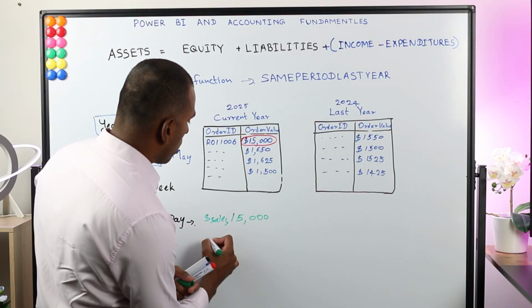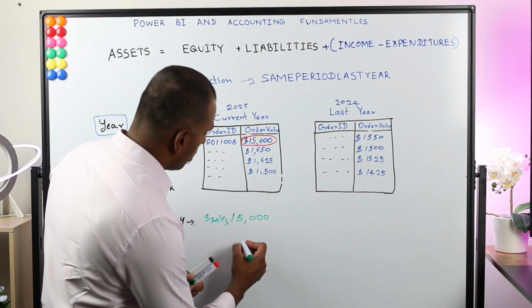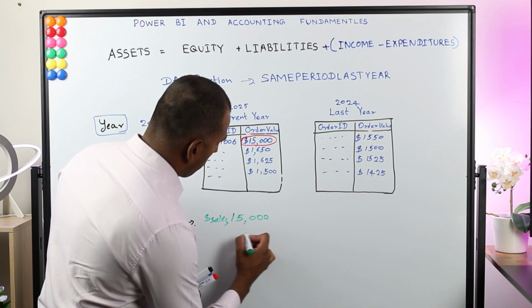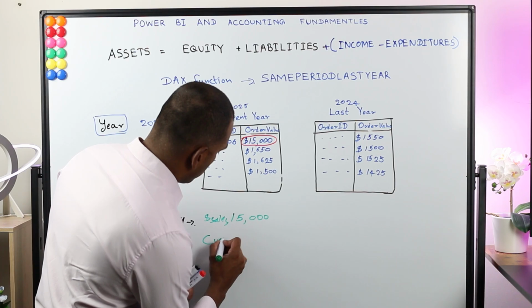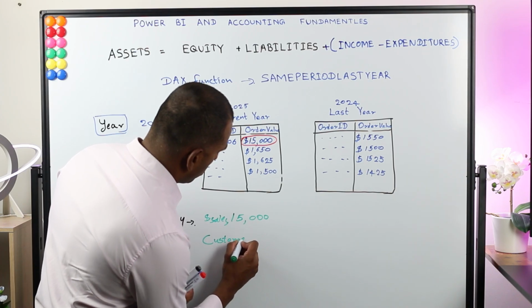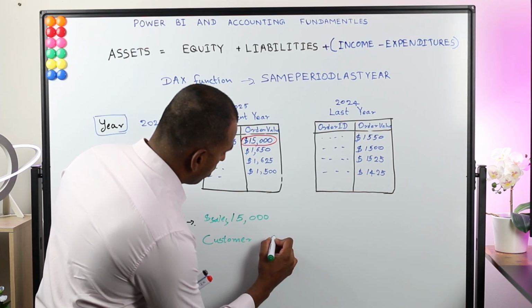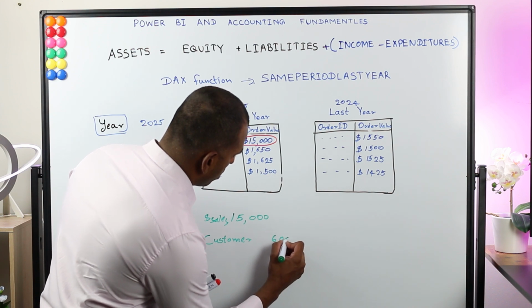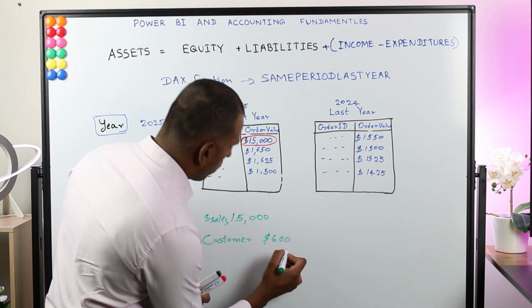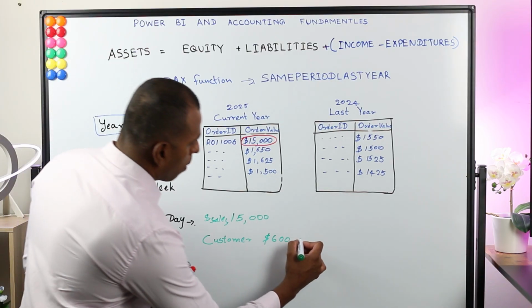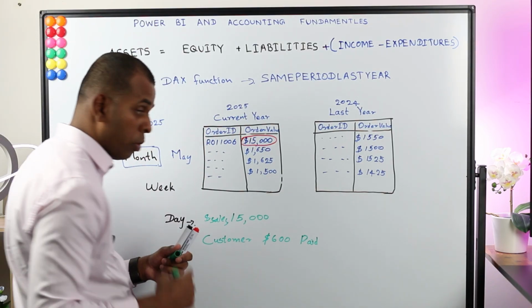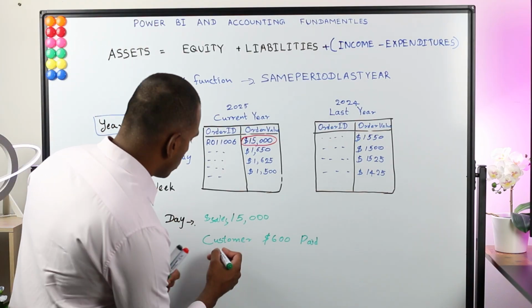Then you see the customer has paid only, let's say $600 paid, only 600 already paid. You use that accounting knowledge to find these things, right?